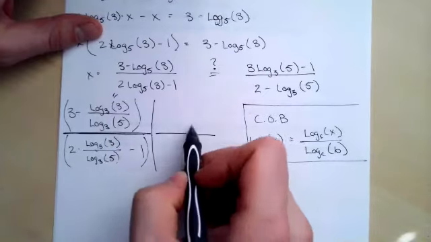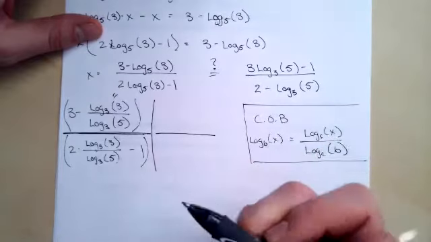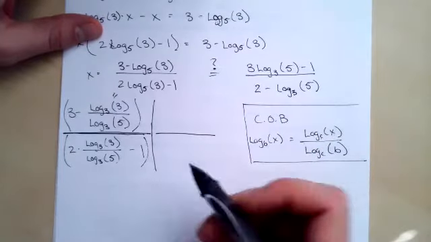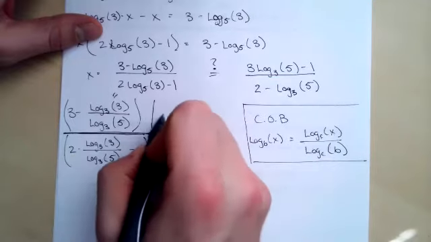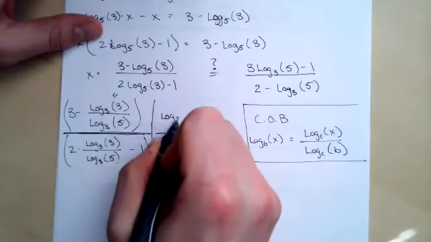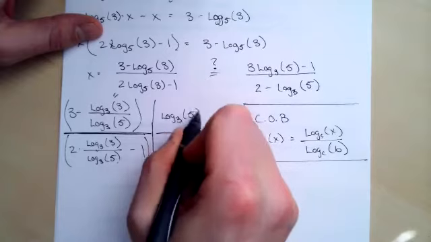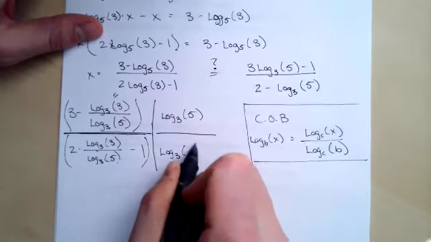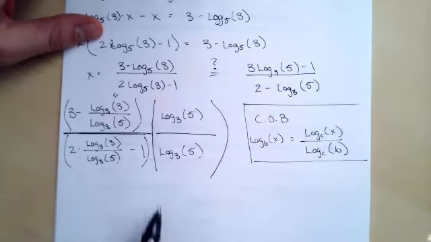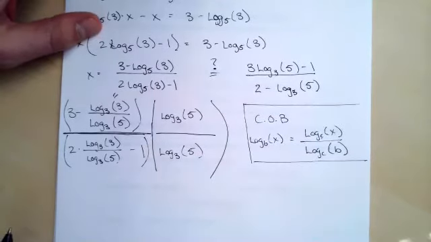And what do we want to do? We want to multiply and divide by a constant. So let's actually multiply and divide by the base of this log. So it'll be log base 3 of 5 divided by itself over the big denominator.